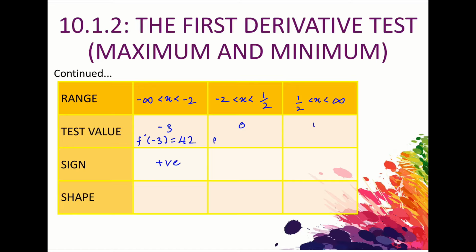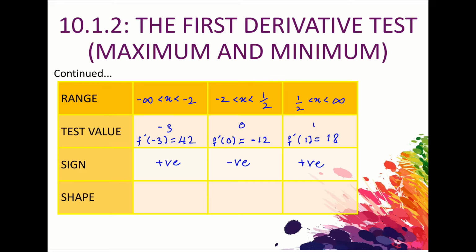And the second one is f'(0), so the value of the first derivative when x is equal to 0 is negative 12, so a negative, which is inclined to the left. And the third one is f'(1), which is 18, so a positive.